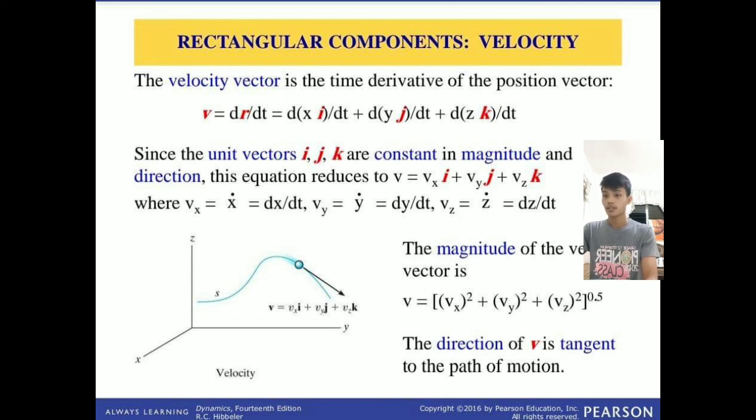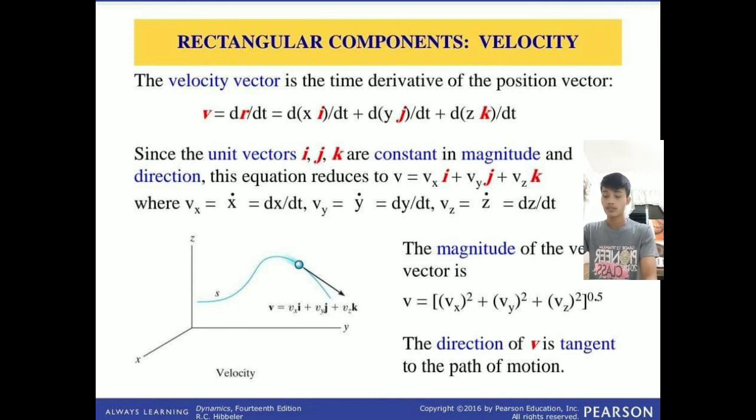Since the unit vectors i, j, and k are constant in magnitude and direction, this equation reduces to v = vx i + vy j + vz k, where vx = dx/dt, vy = dy/dt, vz = dz/dt.